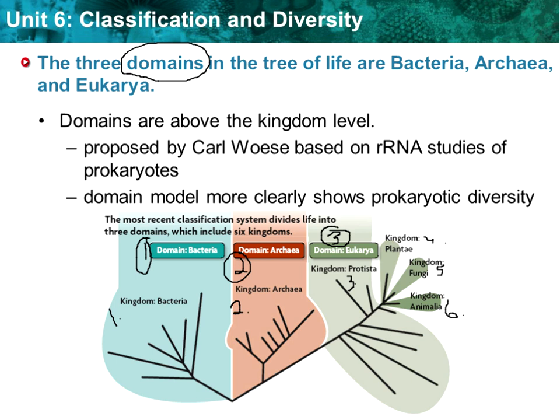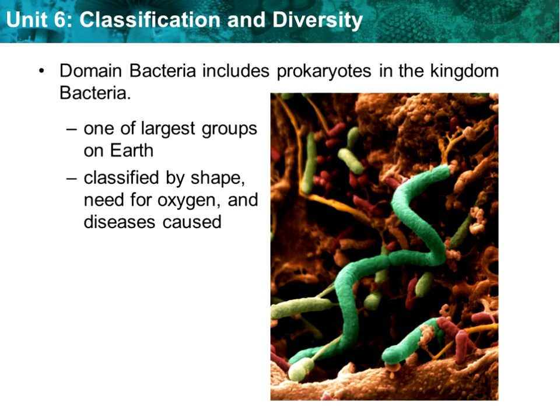So remember, there are six kingdoms: bacteria, Archaea, protista, fungus, plant, animal, but there are only three domains: bacteria, Archaea, and Eukarya, which is actually even more broad than kingdoms. So if you really want to organize it correctly, it should go domain, kingdom, phylum, class, order, family, genus, species. That's the correct order on how to classify all living things.